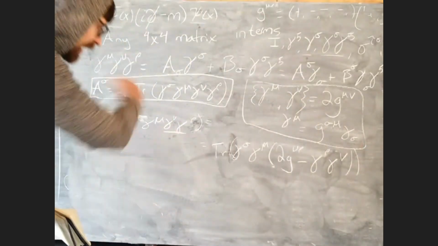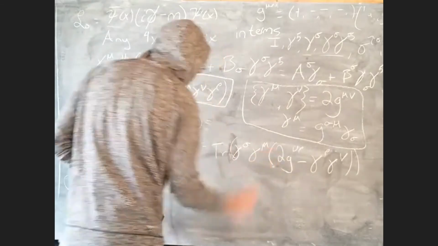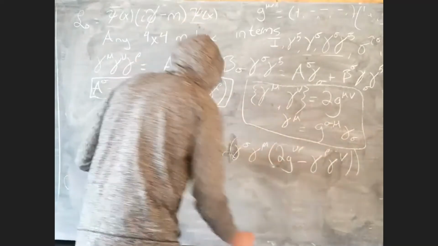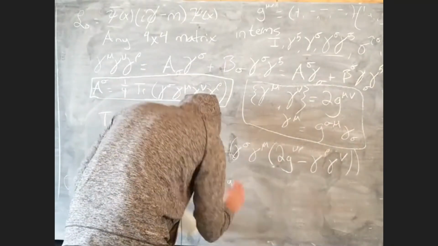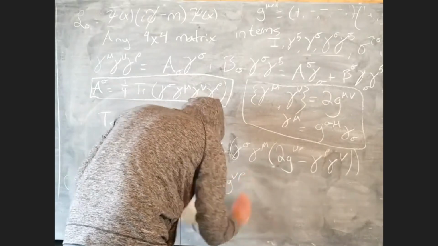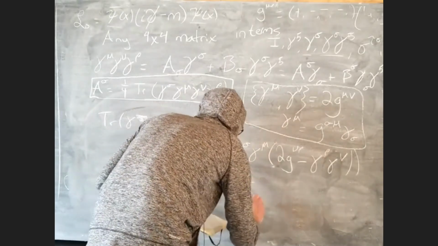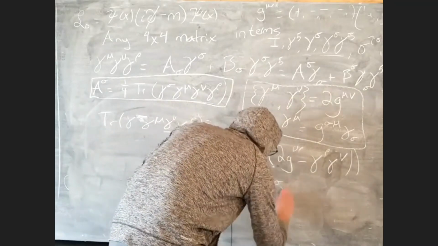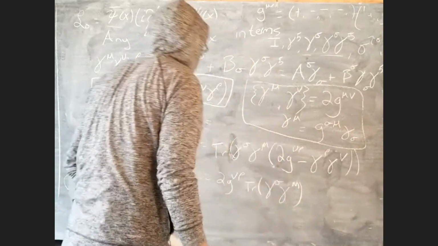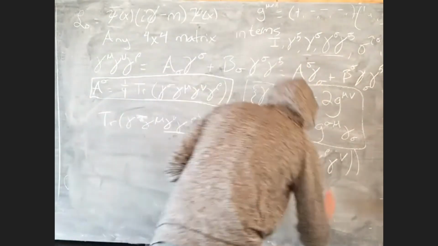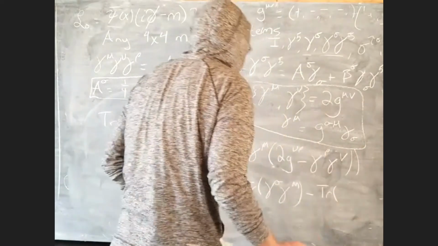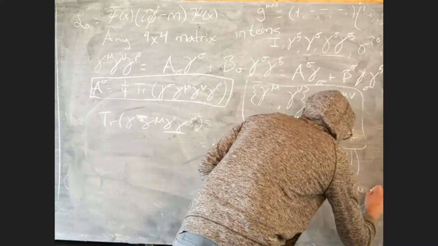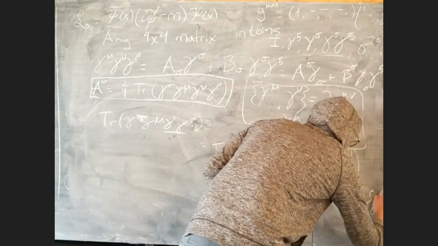Why? Well, we can pull out this part. This is just a number, so it can come right out of the trace. And we can rewrite this term as 2g nu rho times the trace of gamma sigma, gamma mu, minus the trace of gamma sigma, gamma mu, gamma rho, and gamma nu.